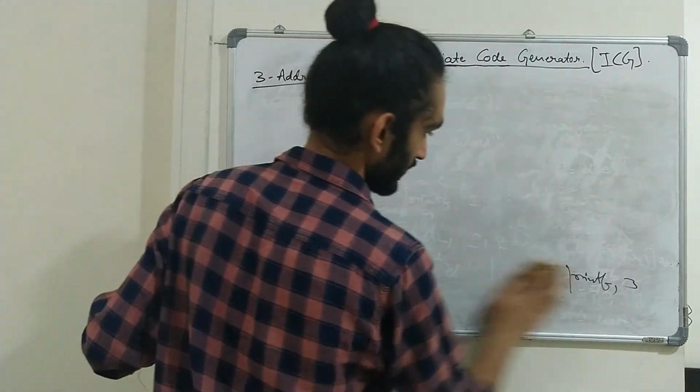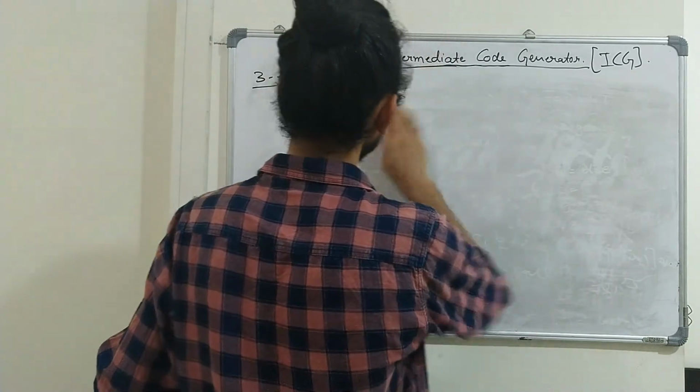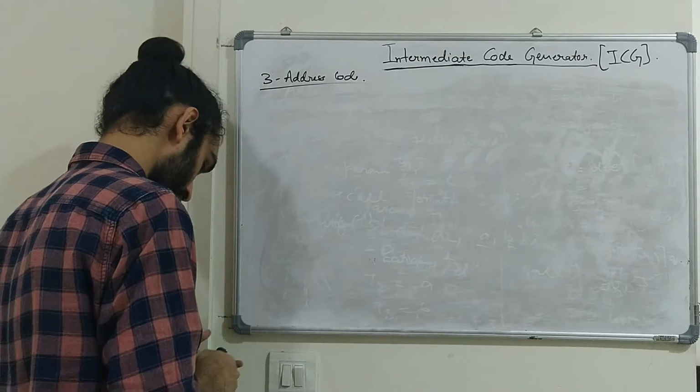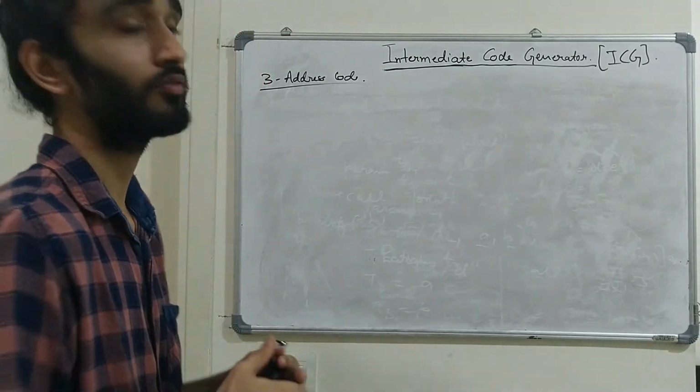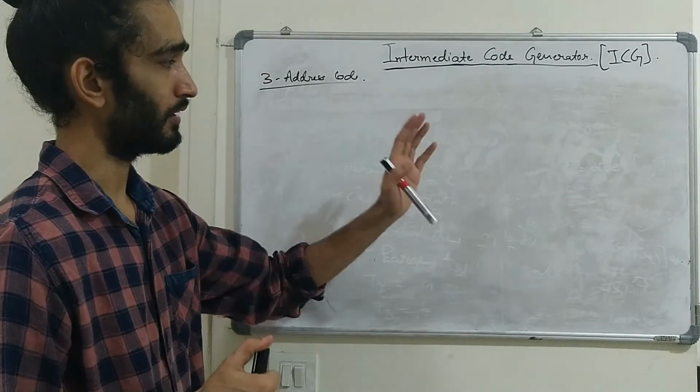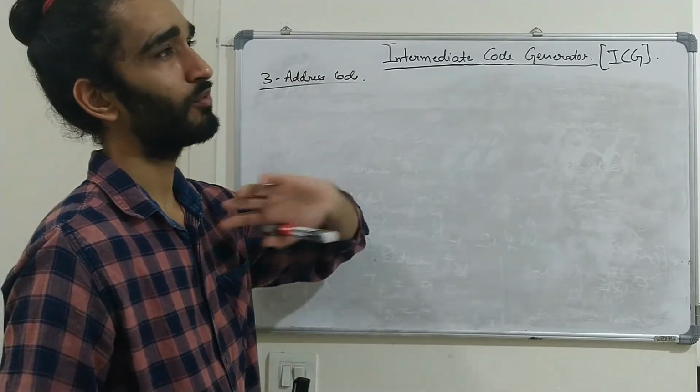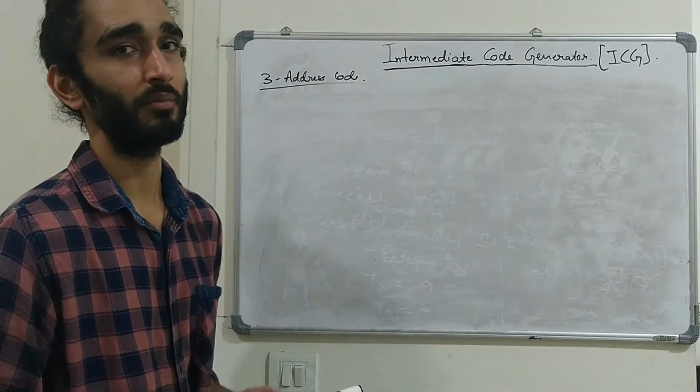Now, actually, we will try to understand the basics of the flow control statements, like we have seen the if statement or switch statement. Those are mostly control statements, right?